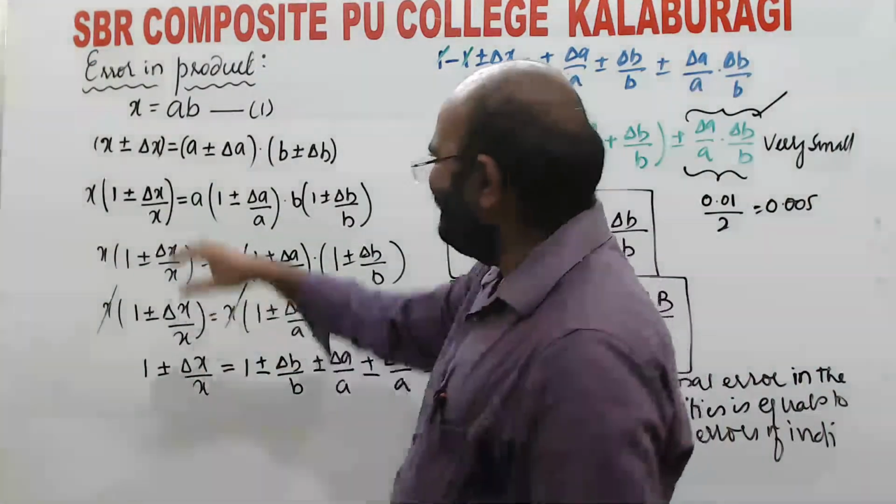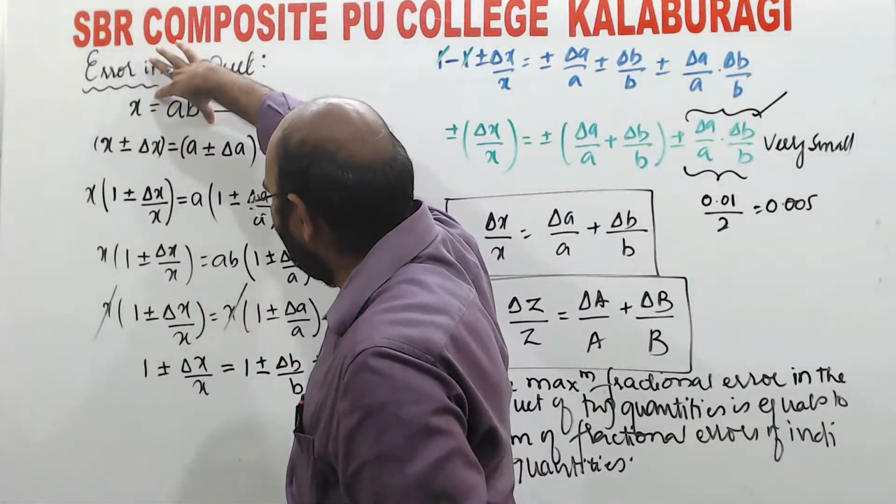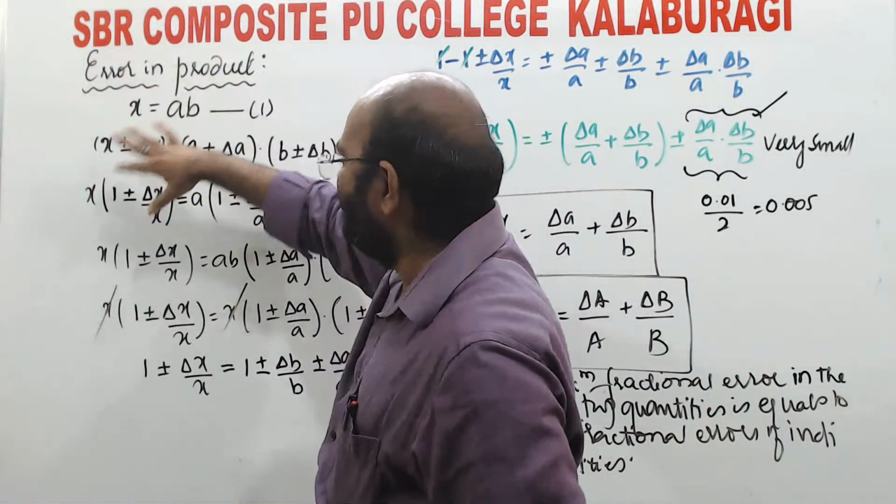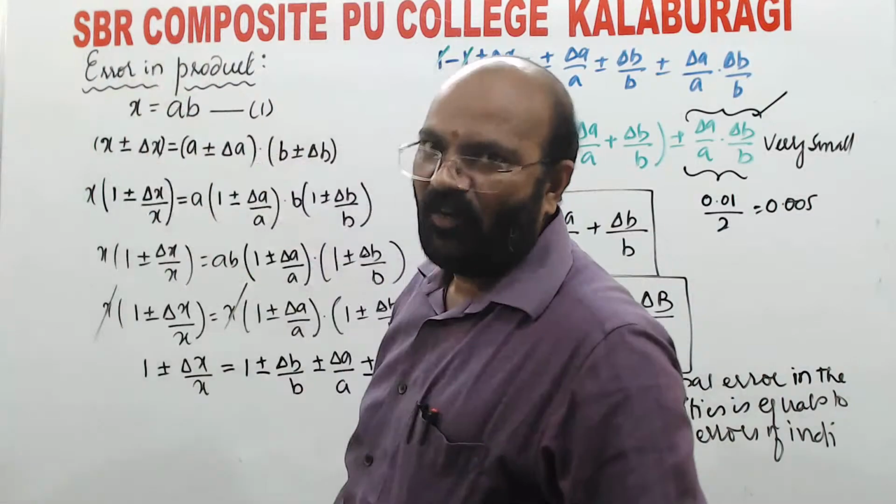First we consider x equals AB, the product of given values of a physical quantity.